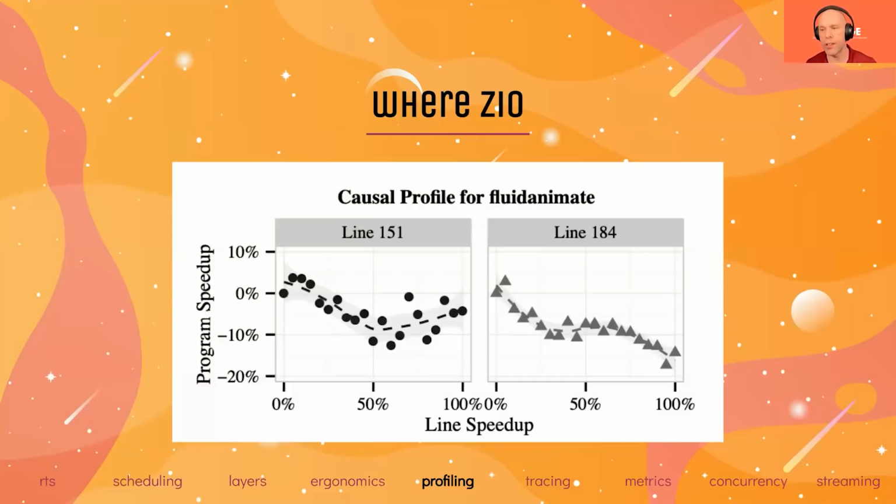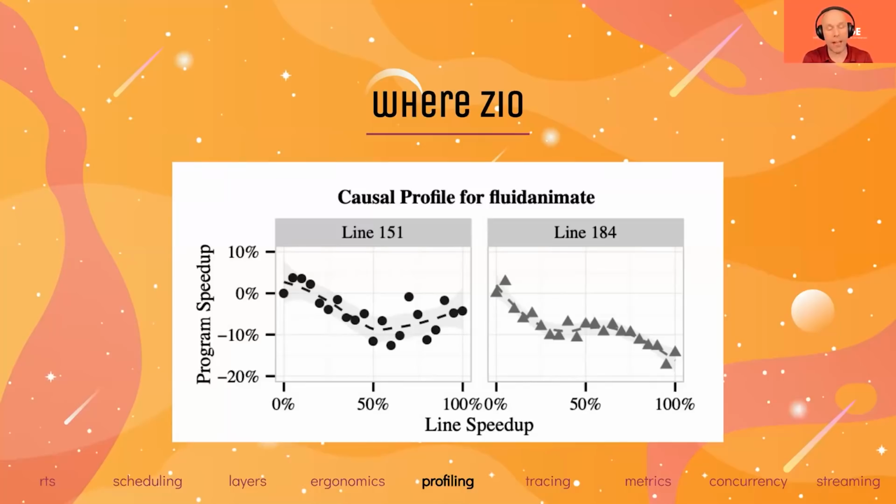How this method works is that it basically goes through all the lines in your application, which ZIO knows about, because ZIO has execution tracing. It knows where all these different bits of code came from in your own application, and it slows down different lines of code, which is basically equivalent to speeding up other lines of code.